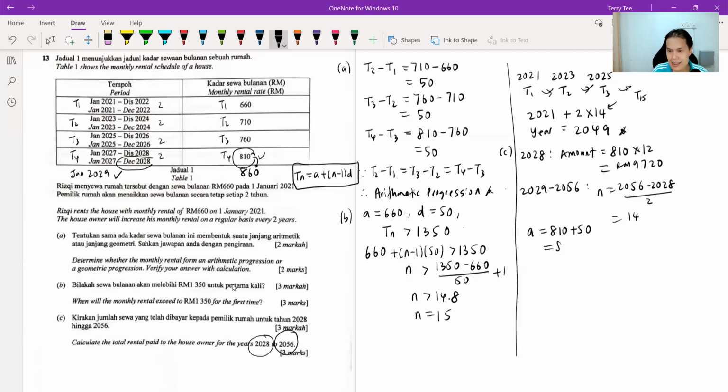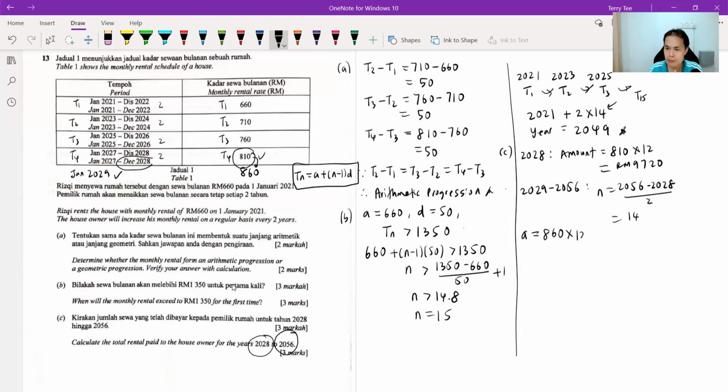It is 860. Now, by the way, maybe I shouldn't call it a first, because I find it's a bit hard to calculate this. If you count monthly, then you have to times 12 months in the year, then you have to times 2 years. So it's actually easier to make a progression based on the total amount collected for that 2 years period. 860 is how much you pay for 1 month.